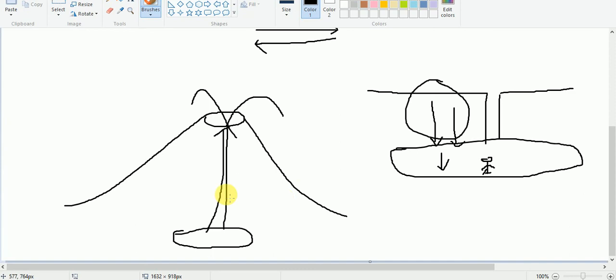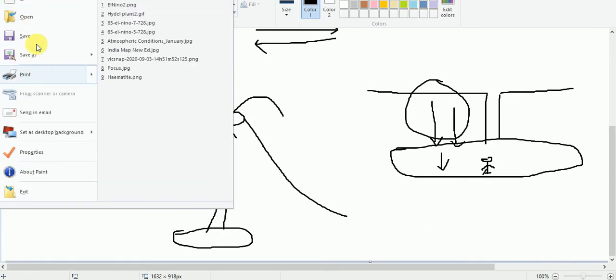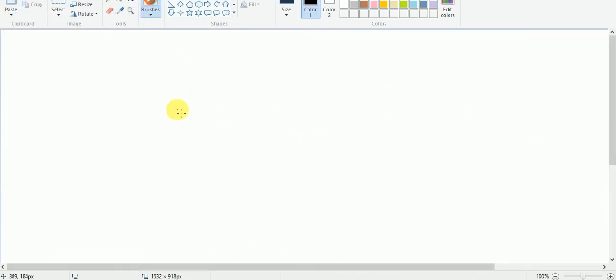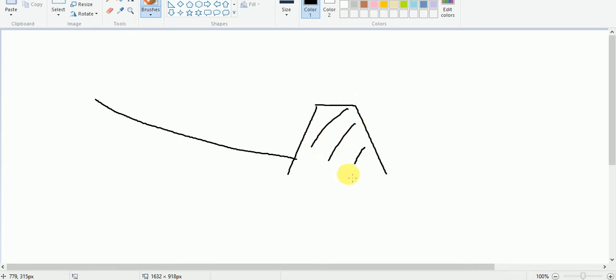Okay, see here, let me open another page. Let us suppose this is a dam site. Here this is the dam, and because of this dam it becomes a reservoir, and the weight of water is also very great, so this is a big reservoir.